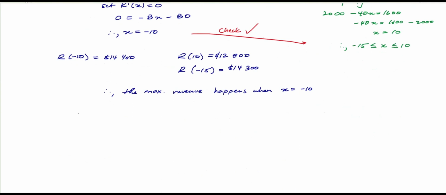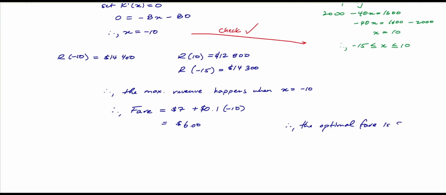Therefore, my fare, which was my selling price, is equal to $7 plus, again, 10-cent increments. So therefore, the optimal fare is $6.